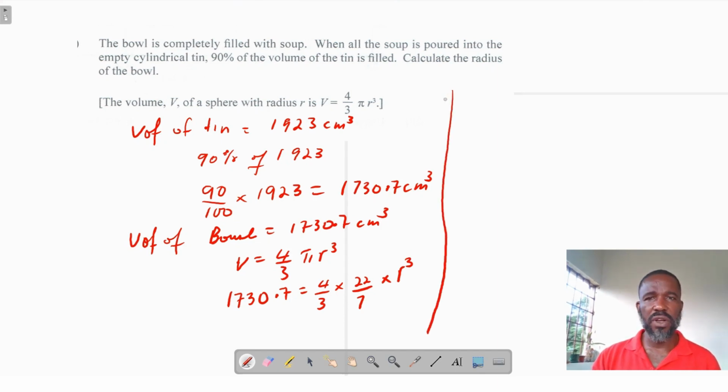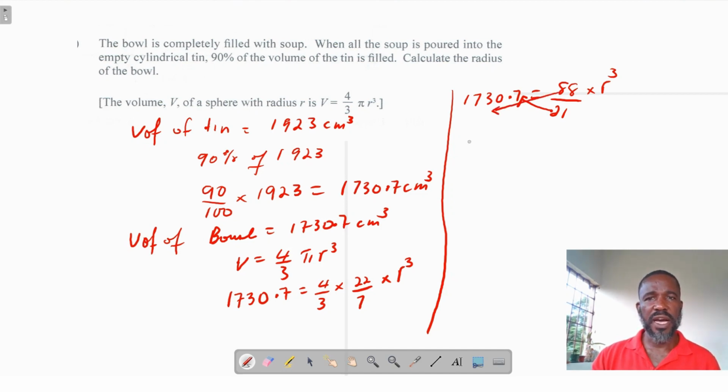So what we have now is 1730.7 is equal to 88 over 21 times r cubed. Now we need to make r cubed the subject. Take 21 to that side and it becomes multiply, and take 88 to this side and it becomes divide.